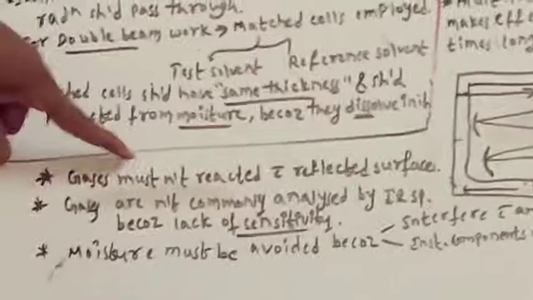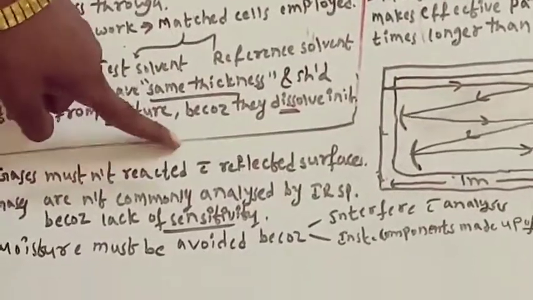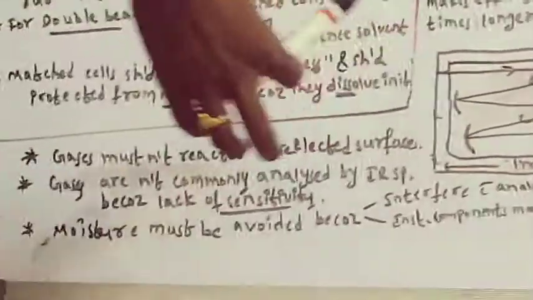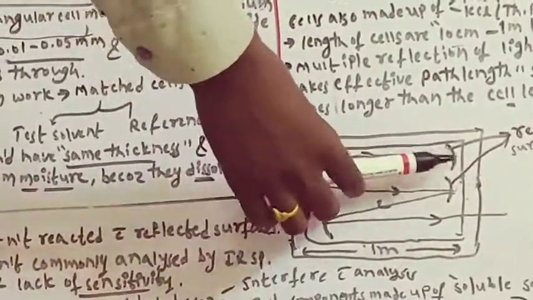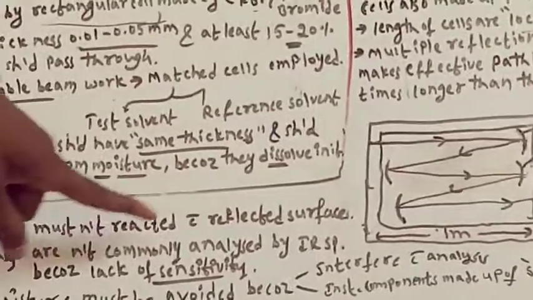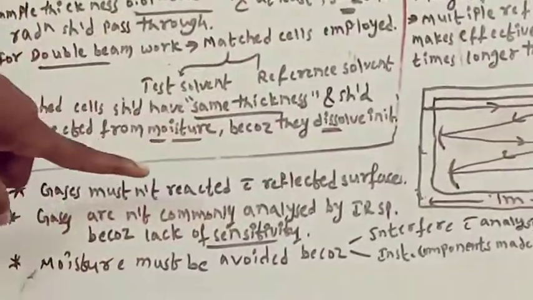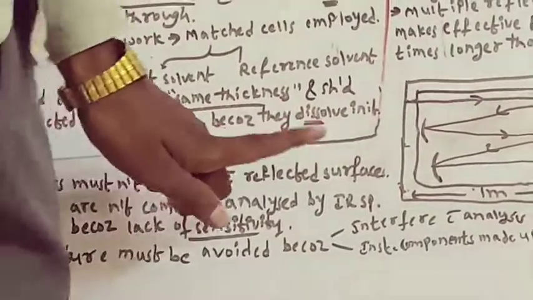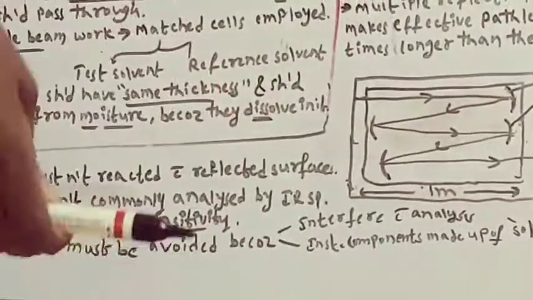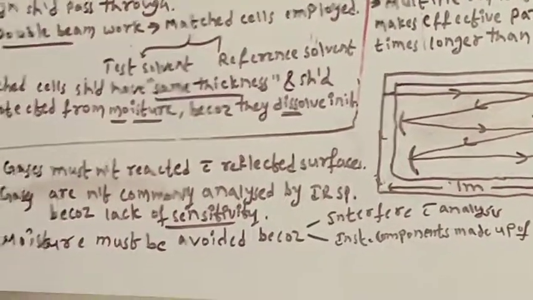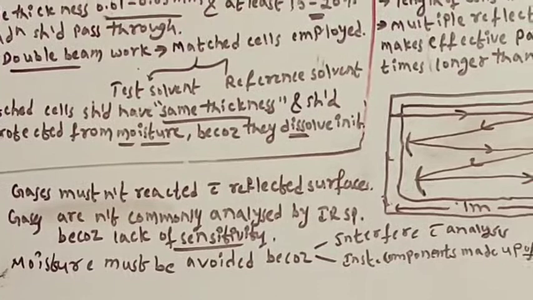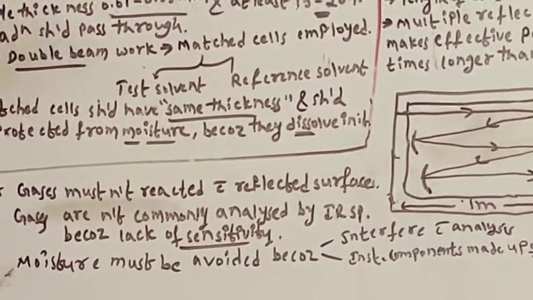Then gases must not react with the reflecting surface. Whatever gas we are filling in the cell should not react with the reflecting surfaces. Gases are not commonly analyzed by IR spectroscopy because of lack of sensitivity; they are not sensitive to IR radiation.